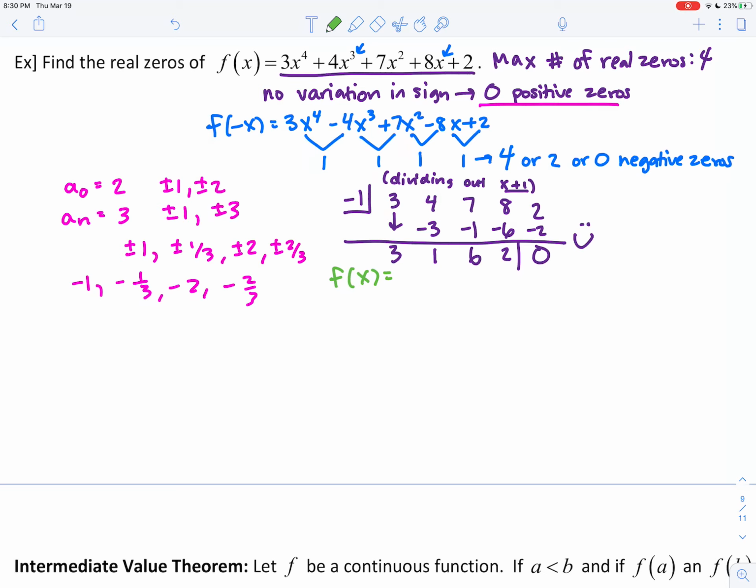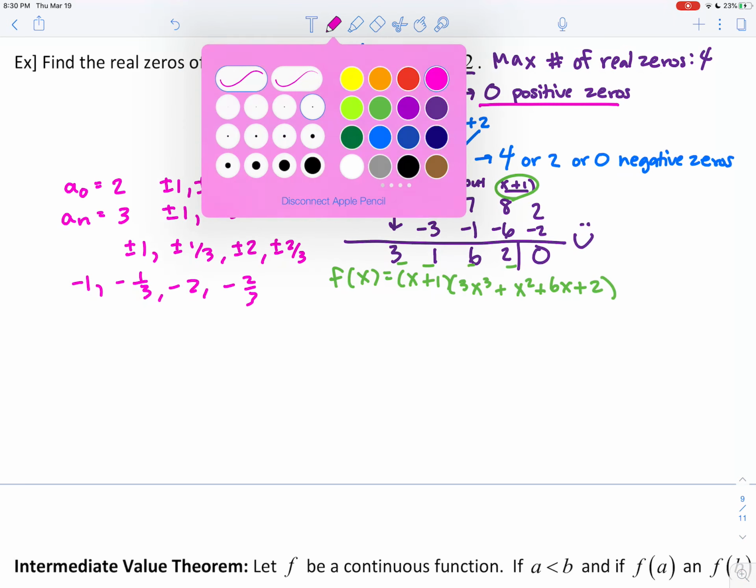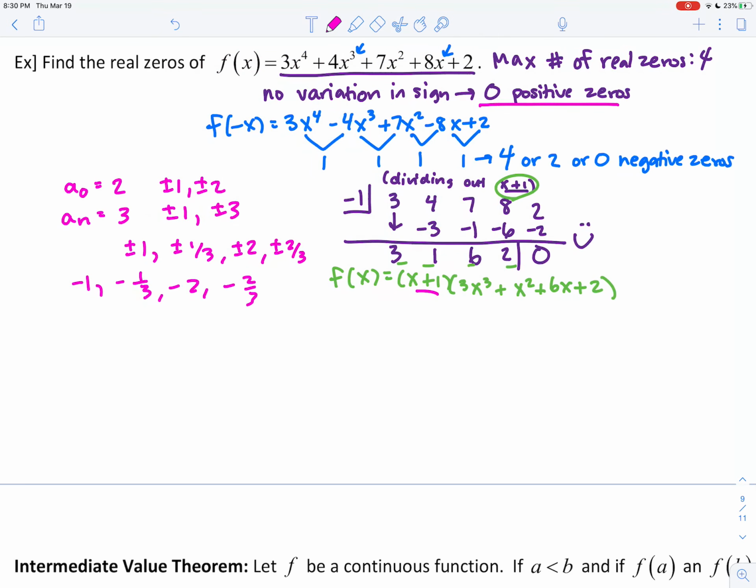f of x equals x plus 1, which is what we just divided out, times, and this here is giving me the coefficients of a degree 3 polynomial. So it's 3x cubed plus x squared plus 6x plus 2. So obviously I can see that this gives me the real 0, negative 1.